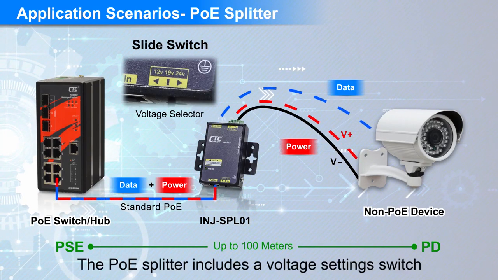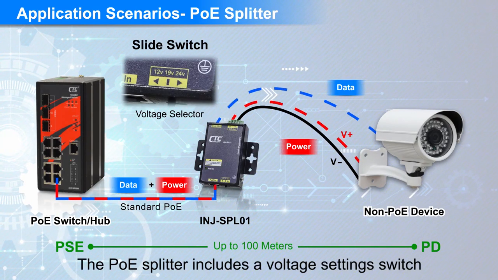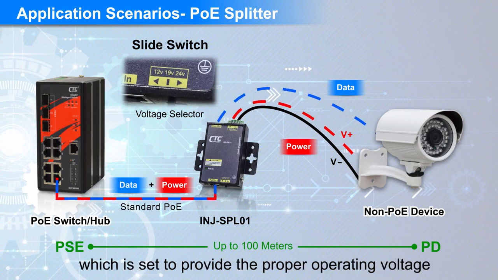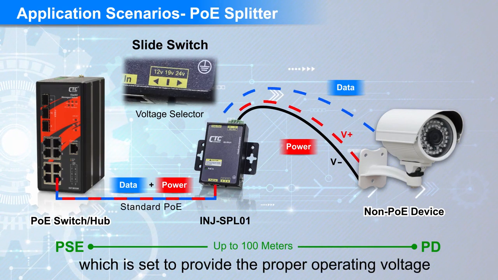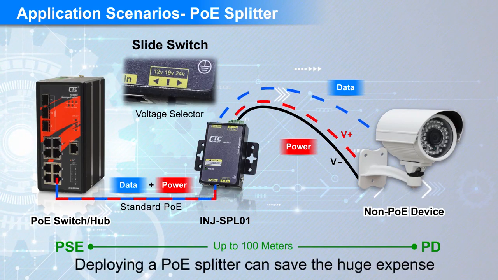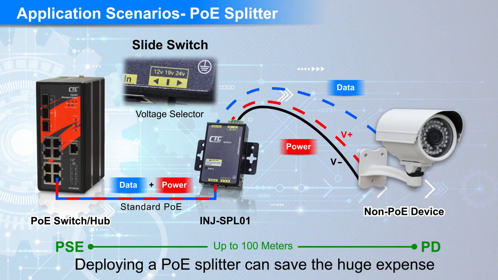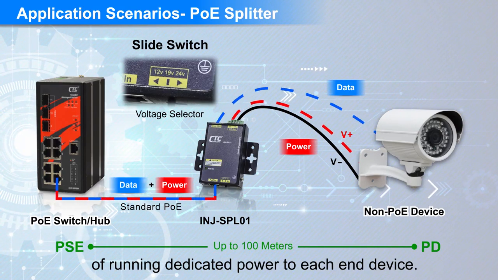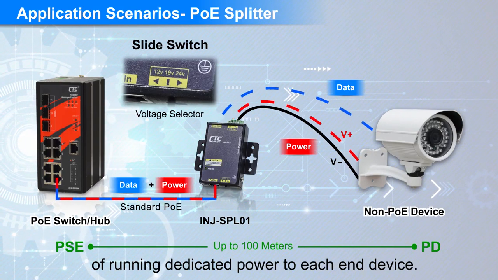The PoE splitter includes a voltage setting switch which is set to provide the proper operating voltage for the non-standard PoE device. Deploying a PoE splitter can save the huge expense of running dedicated power to each end device.